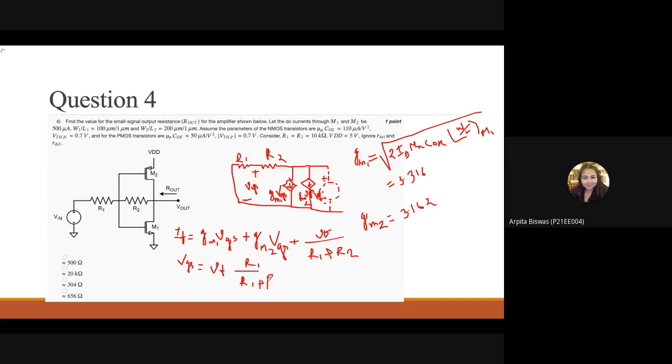Okay, so from here IT is equal to VT into (gm1 plus gm2) into R1 by (R1 plus R2), plus 1 by (R1 plus R2).